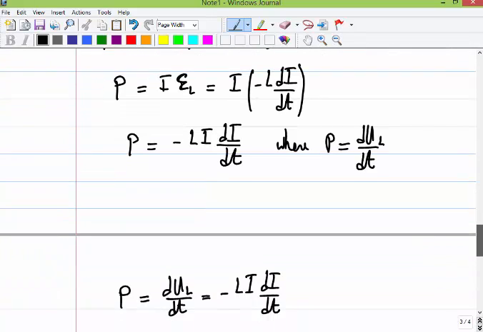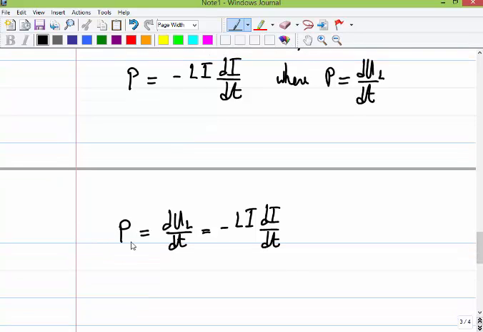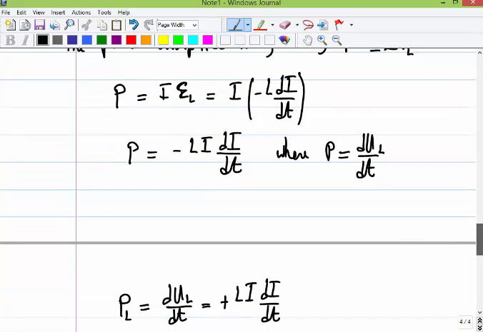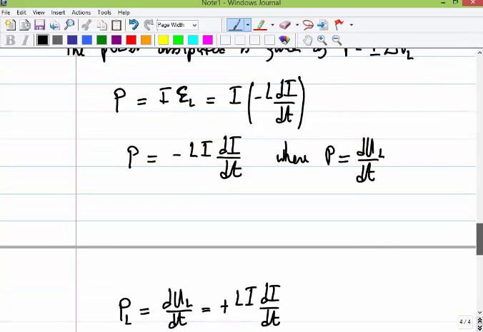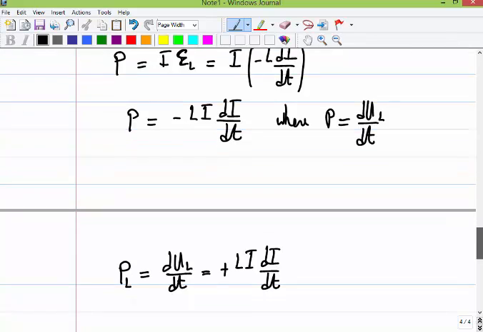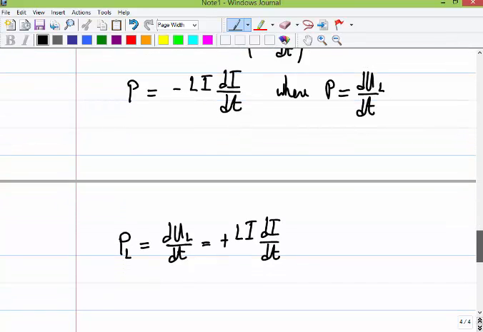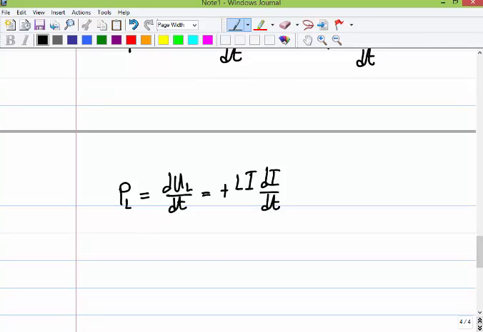So the energy in the inductor, P subscript L, is going to be this energy. This is positive. So this is the electrical energy used. So the energy being lost to the inductor is minus L i di/dt, and the energy in the inductor is P subscript L, which is dU subscript L/dt, which is a positive L i di/dt. Because the energy is being lost to the inductor, the inductor is gaining the energy, so the energy coming in the inductor is positive.